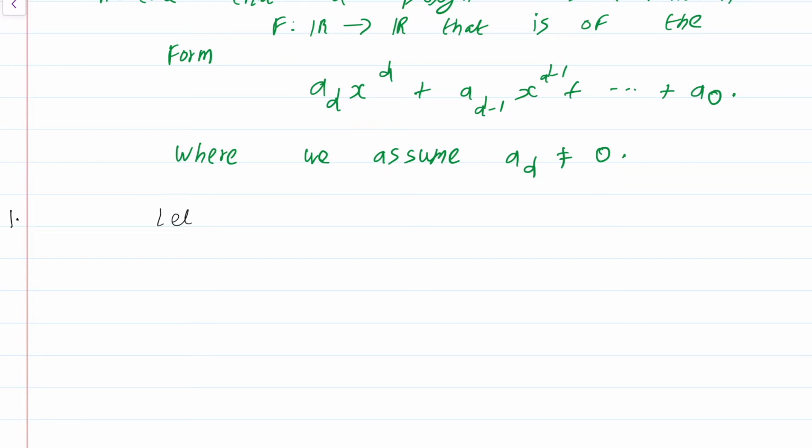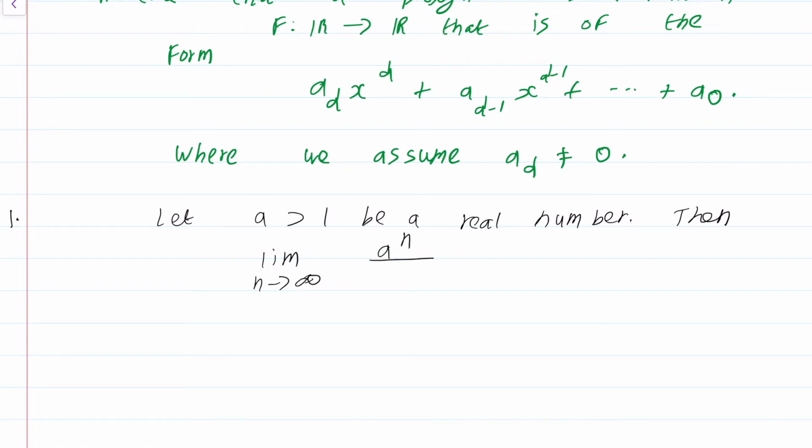Let a be a real number greater than 1. Then the limit as n goes to infinity of a^n by n is in fact equal to plus infinity.